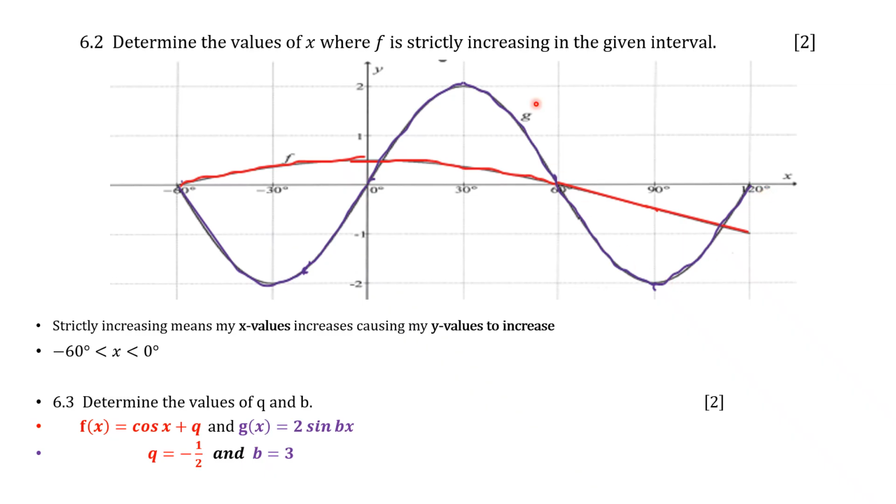So one full graph is 120, and 360 divided by 3 gives me 120. Therefore, p should be 3. So for the period to be 120, it would read 3x, and 360 divided by 3 gives me a period of 120 degrees. I hope that makes sense. Let's go to the next question.